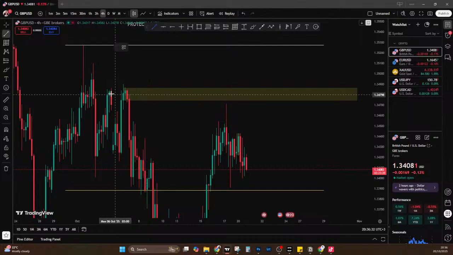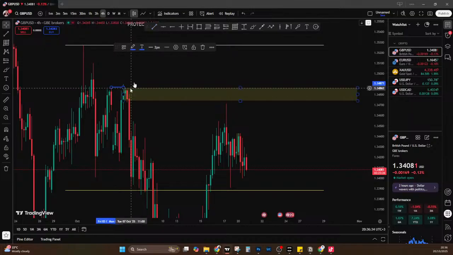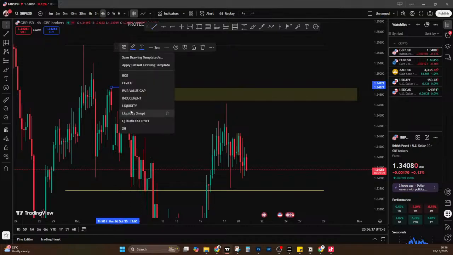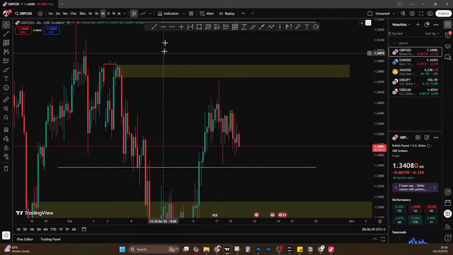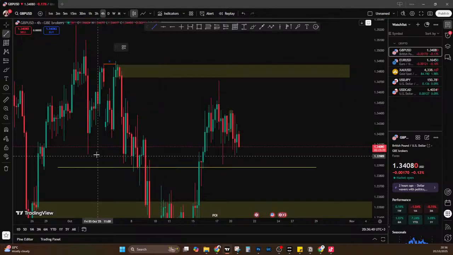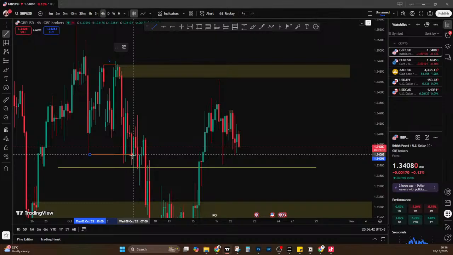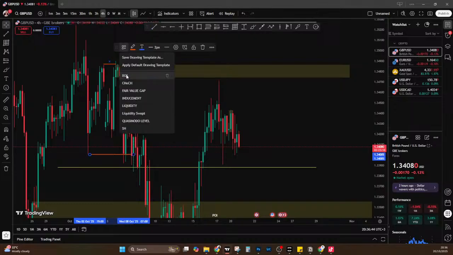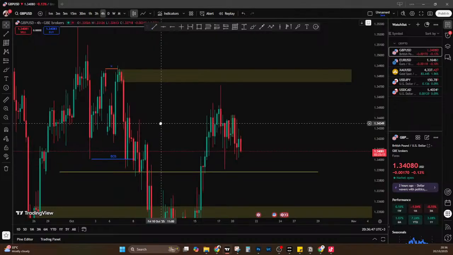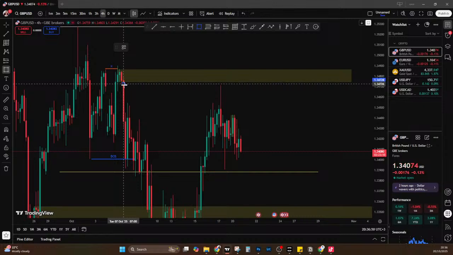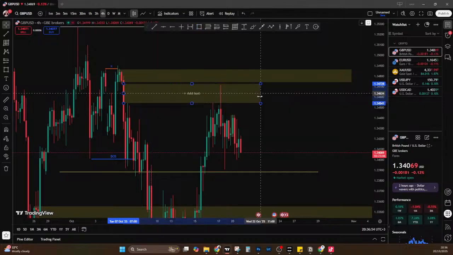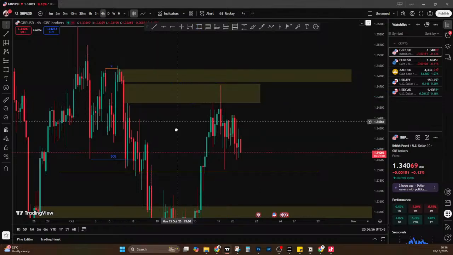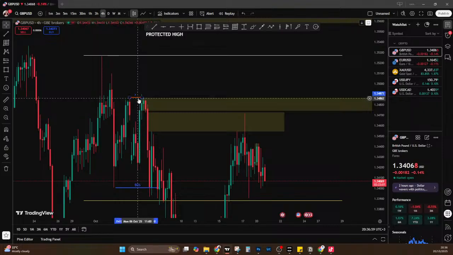One, has it swept liquidity? This one has swept liquidity. Has it broken structure? It has broken structure. Does it have an FVG? This one has an FVG here, like that.